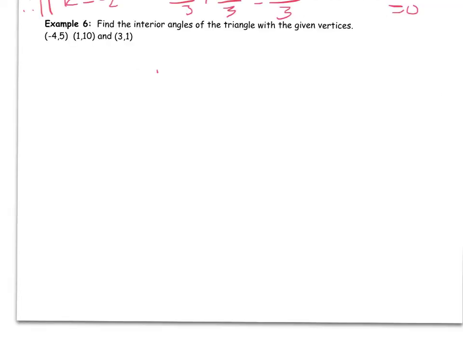Alright guys, here we go. We are going to do this last problem. It is asking us to find the interior angles of a triangle with given vertices, the vertices being (-4, 5), (1, 10), and (3, 1). I'm going to draw this on a Cartesian plane and just approximate.